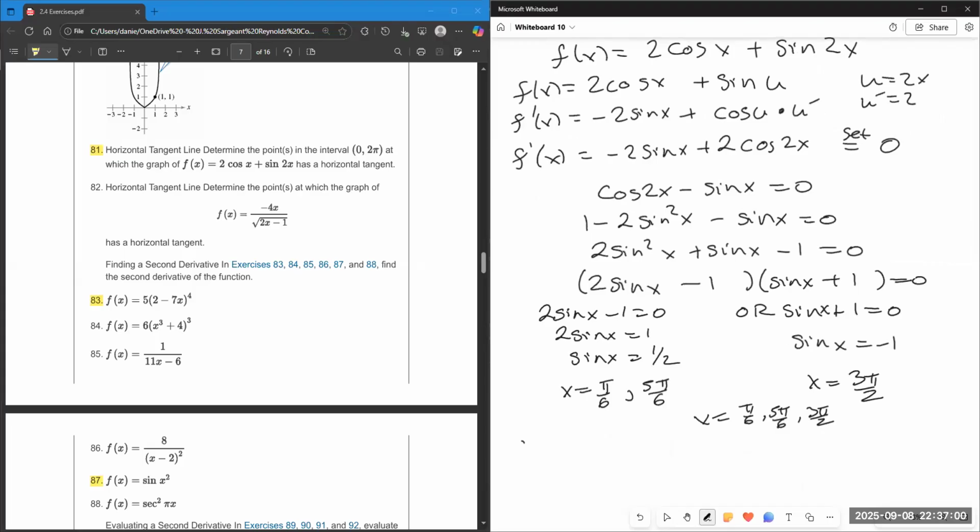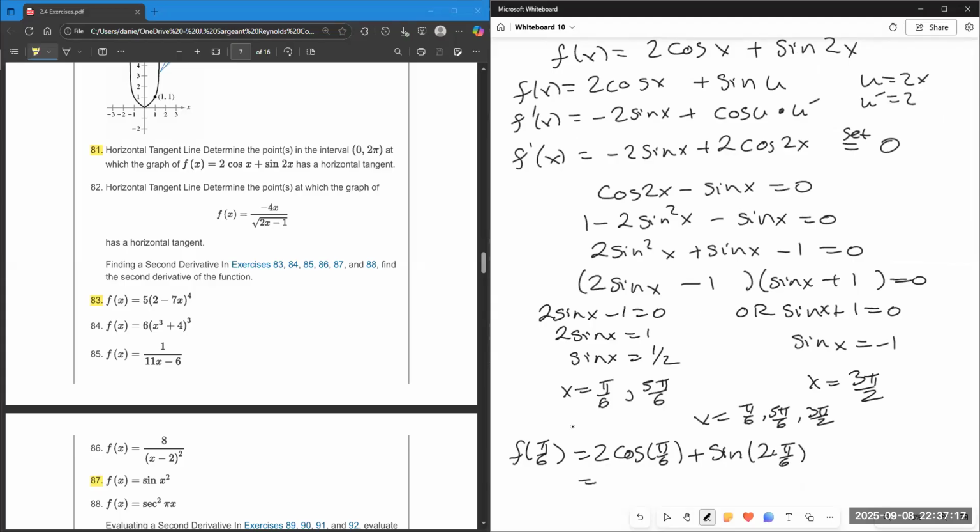So f of pi over 6 is 2 cosine of pi over 6 plus sine of 2 times pi over 6.